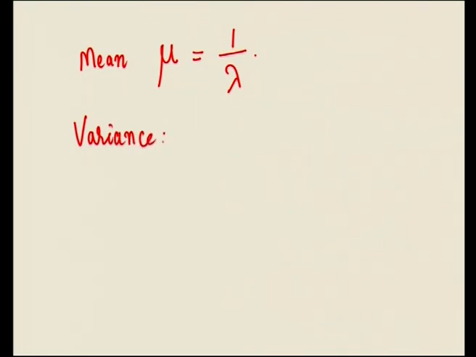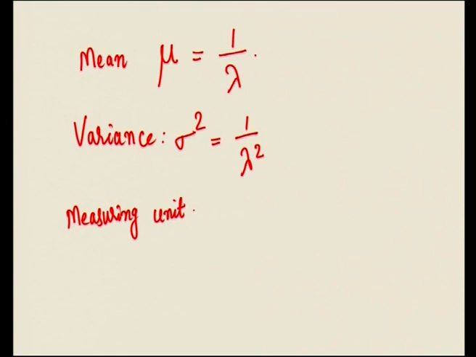The variance, with the notation sigma square, is given by 1 by lambda square. Now, when you put mean mu equal to 1 by lambda, we have the measuring unit of the parameter lambda, that is the measuring unit I am talking about. So, it is the probability per unit of time.